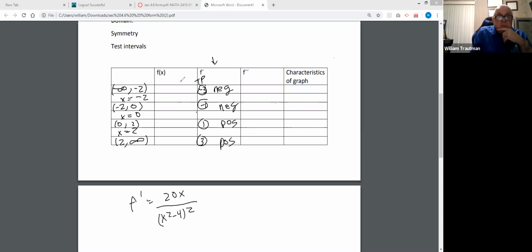Remember our asymptotes at x equals -2. This was an asymptote. So I'm going to put at -2, you can write asymptote, or you can write it's undefined.